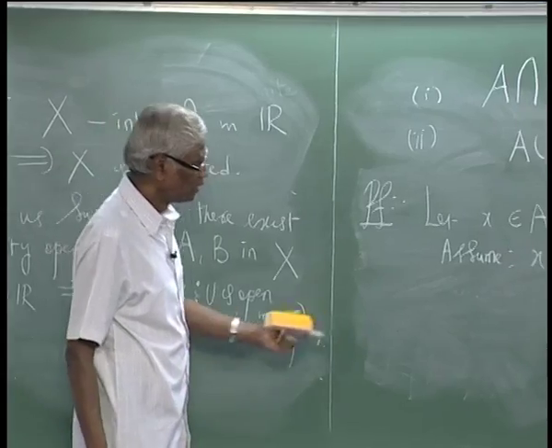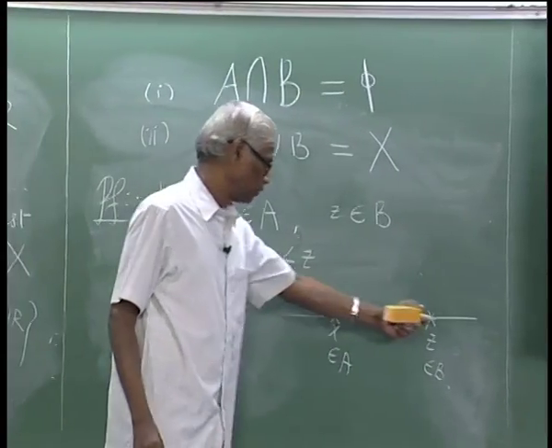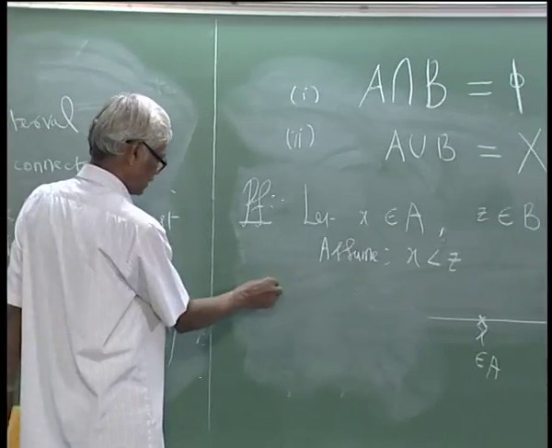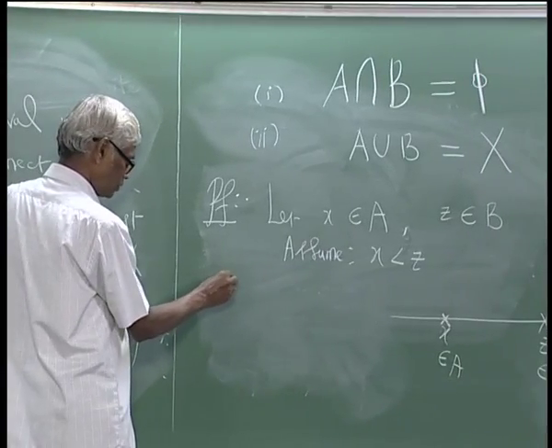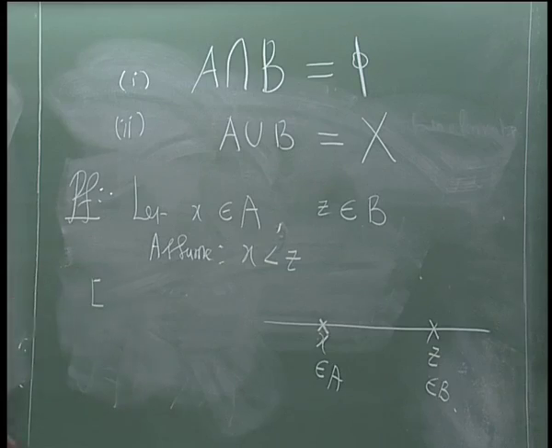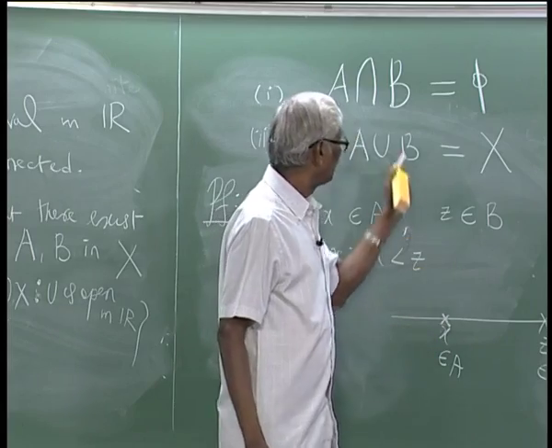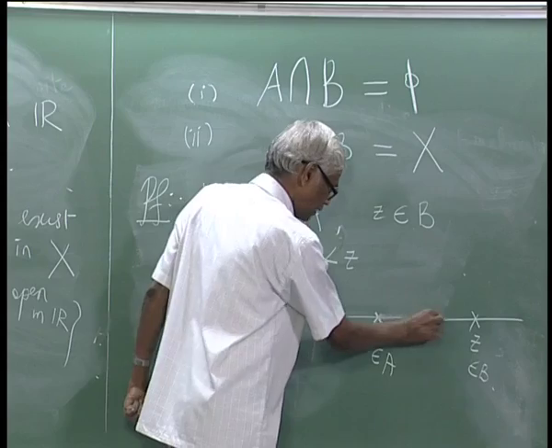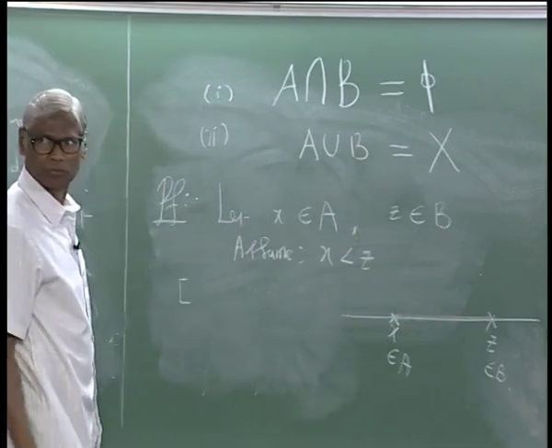Now see, the closed interval x to z is in capital X, that means it will contain all the points in between also.